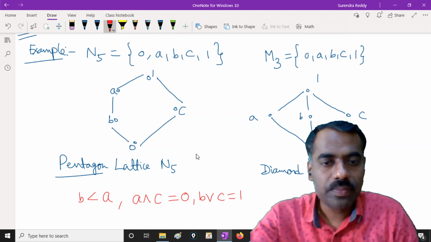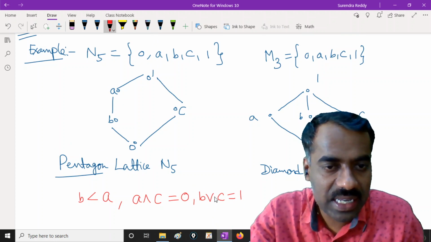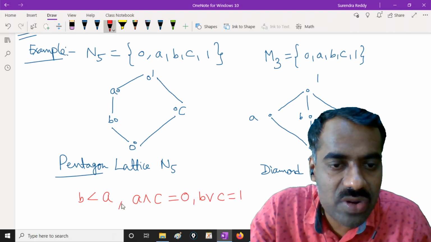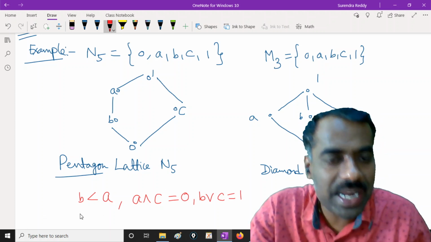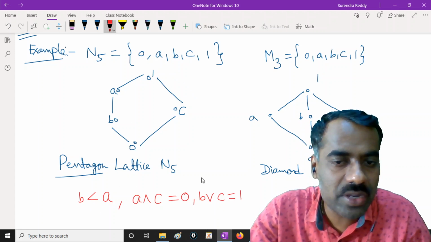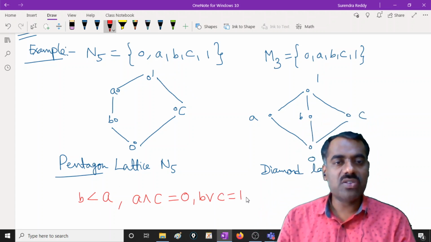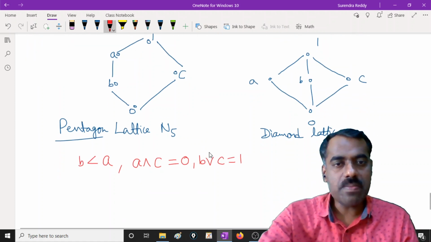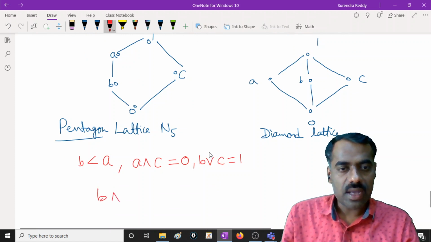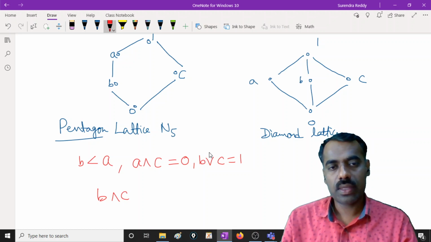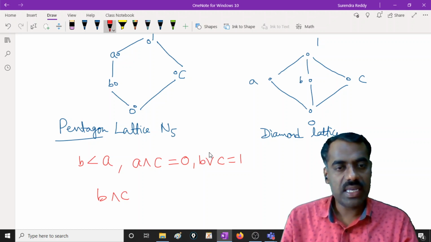For example, if I define it like this, a meets c is 0, you can either write this diagram or write it in this way, both are the same, right? If you have these three relations, then you can actually draw this diagram. If you have this diagram, you can write these things. But what can you say about others, for example, b meets c? How can you show that b meets c is 0 by using these three relations?